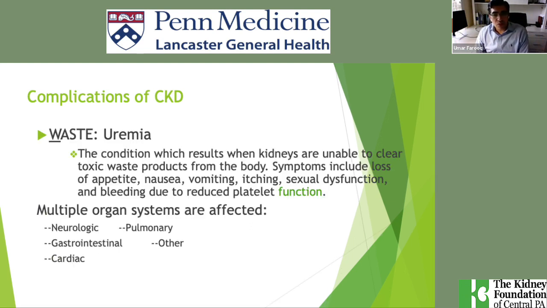If waste, which is urea, builds up, it can cause neurological problems, lung problems, GI disturbances, taste disturbances, nausea, vomiting, itching, sexual dysfunction, and bleeding, because the platelets are there, but they're not very functional.